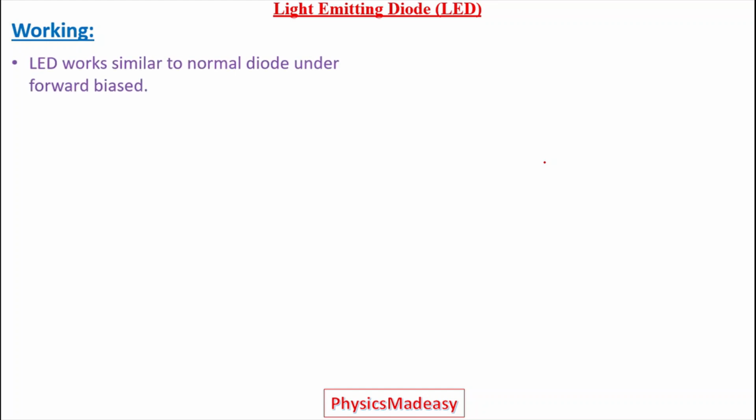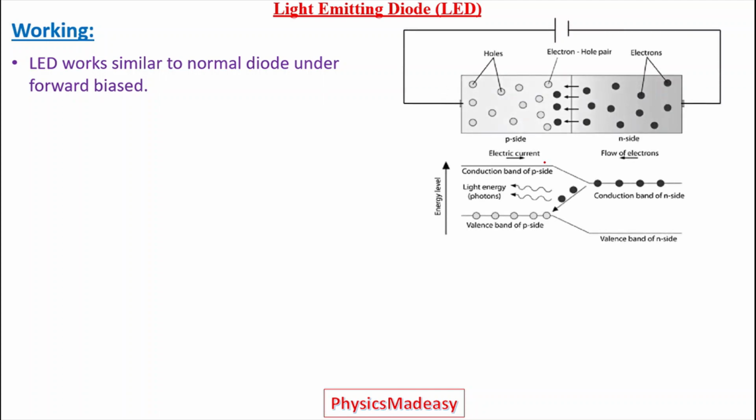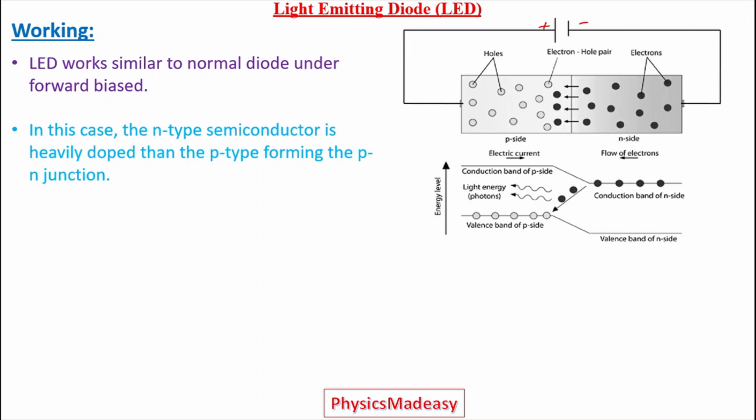Now, see the working of it. LED works very much similar to our normal diode under forward bias. Here, the same P-type and N-type are connected under forward bias. Now, when we connect this under forward bias, the N-type semiconductor is heavily doped compared to the P-type, forming the PN junction.